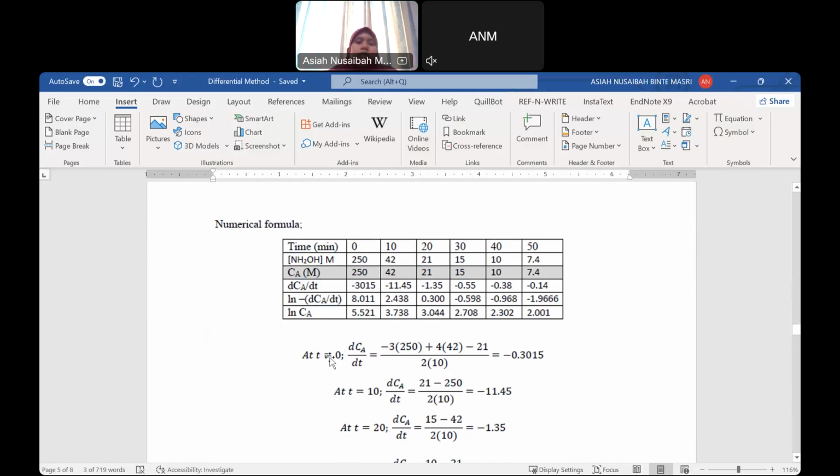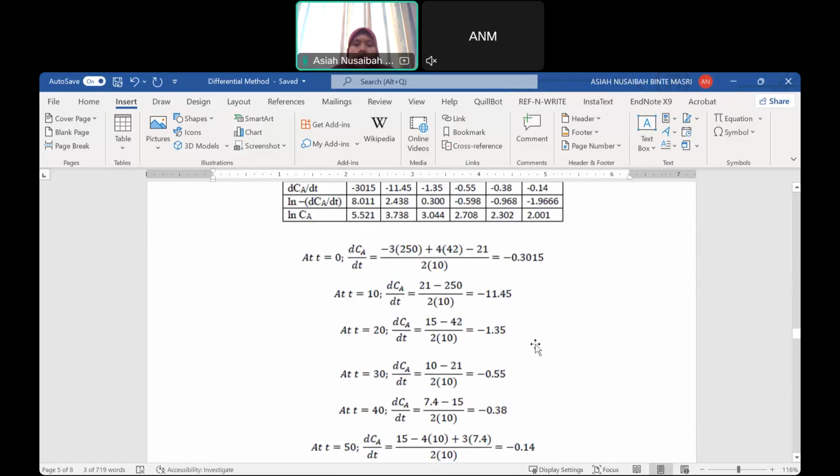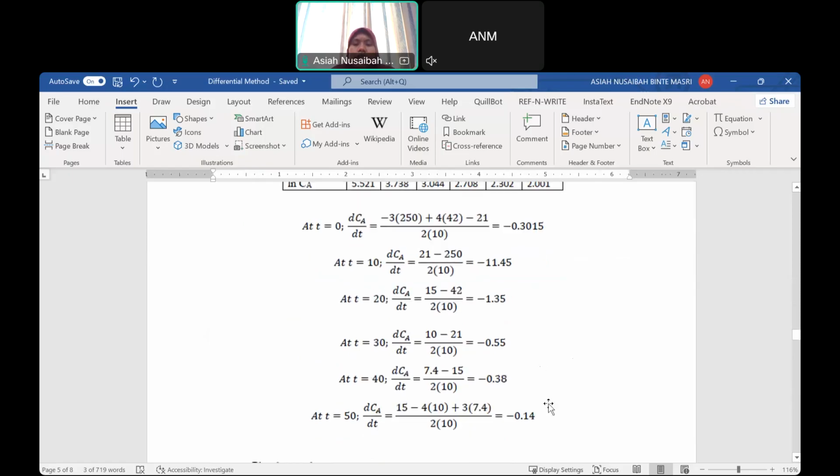So what do we do? We can simply use the formula. There are only 3 formulas for us to solve using the numerical method: the equation to solve the initial point, the equation to solve the intermediate points, and the equation to solve the final point.